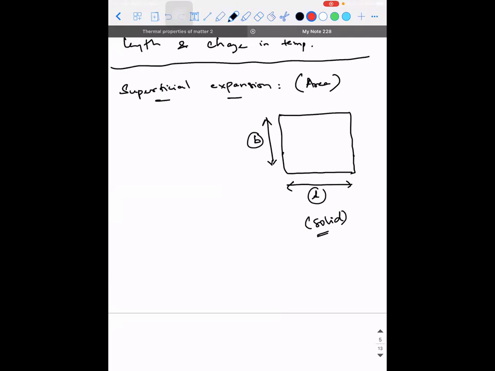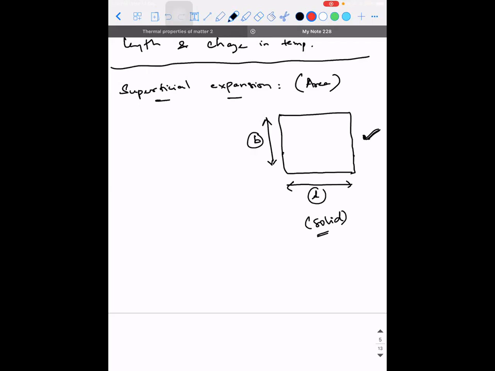The previous topic told us when you subjected a uniform rod to heat, its length increased. Here you're exposing a metal sheet, right? You're exposing a sheet to heat. Then what is going to happen? The area will expand. Area will increase.